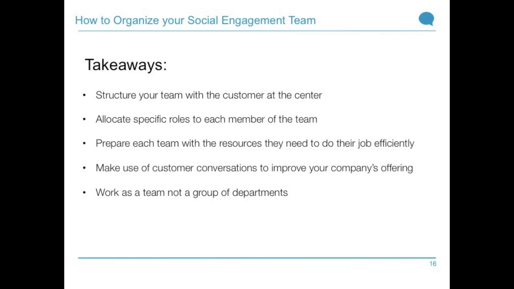The second point here is allocating specific roles to each member of the team and ensuring they're aware of those roles. So obviously each different team member is going to need a different role and a different action out of your social, so that you're all developing as this social engagement team as you go forwards, and making sure that that's made clear to each member.